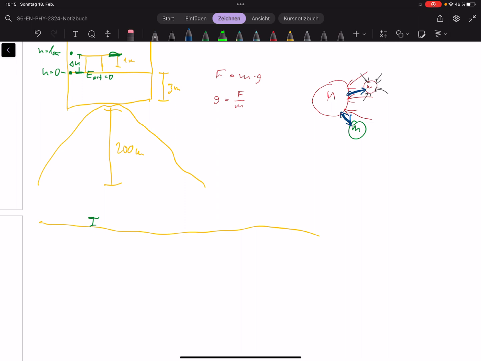So it is not possible to describe the field of this big mass, of the planet, for example, without the second mass. So in order to have a quantity that describes the gravitational field around that mass independently from any other object, that's why we need to divide the force that we can measure by its mass.